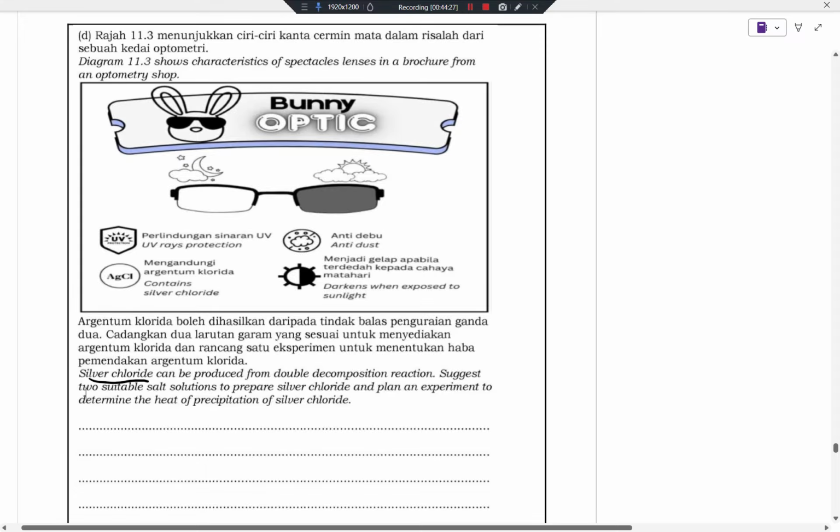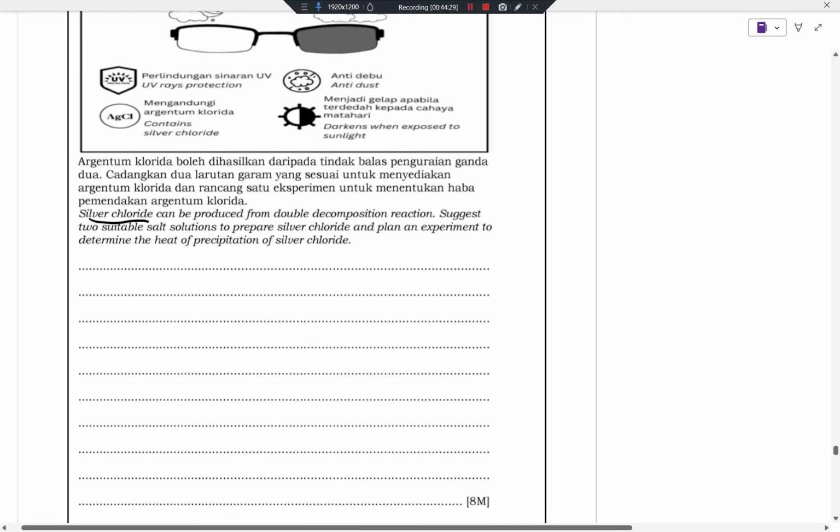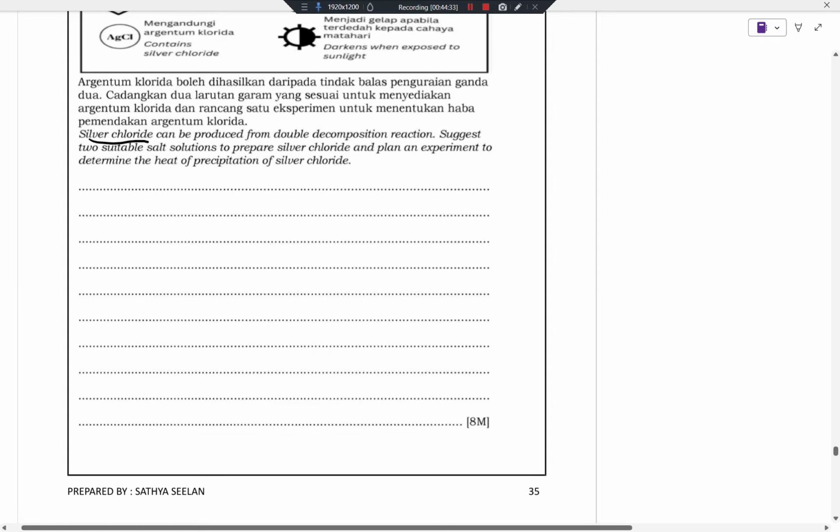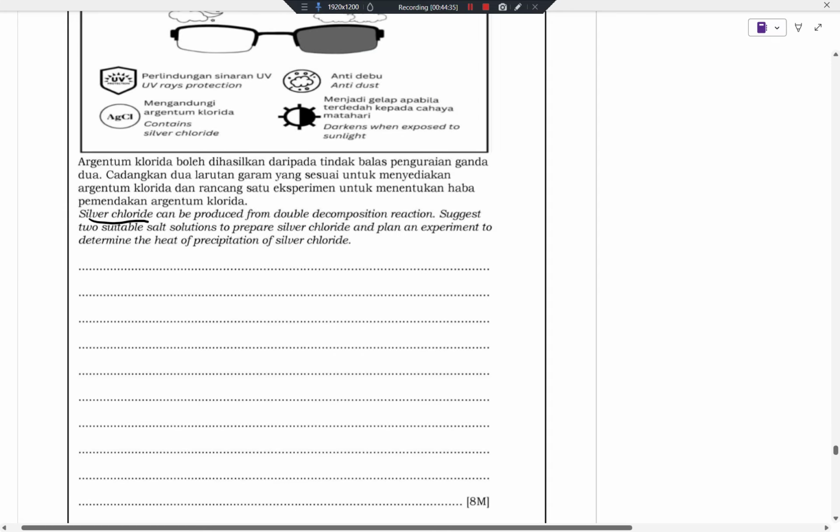But this is the heat chapter, why is it coming under salts? Oh, they want the heat of precipitation of silver chloride. So while explaining double decomposition, we must state the heat of precipitation. Okay, that's what you can understand from here. So it's okay, you can do this. No problem.